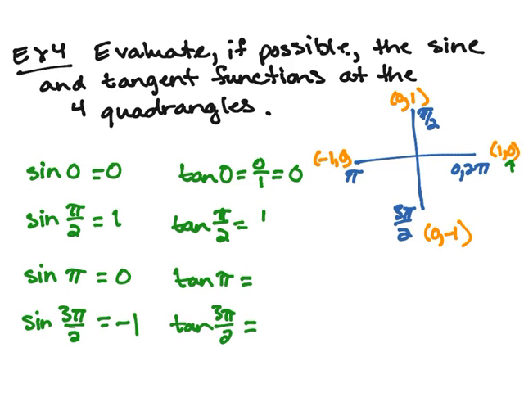At pi over 2, we get 1 divided by 0. That's undefined. At pi, we get 0 divided by negative 1. Well, that's just 0. And at 3 pi over 2, I get negative 1 divided by 0, and that's undefined.